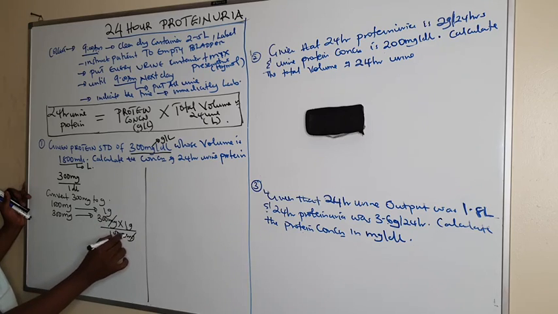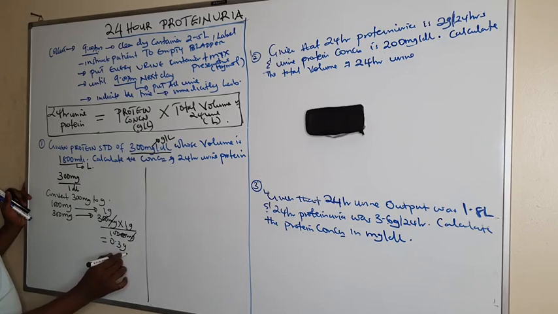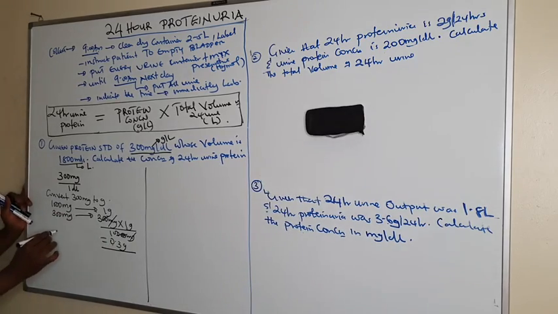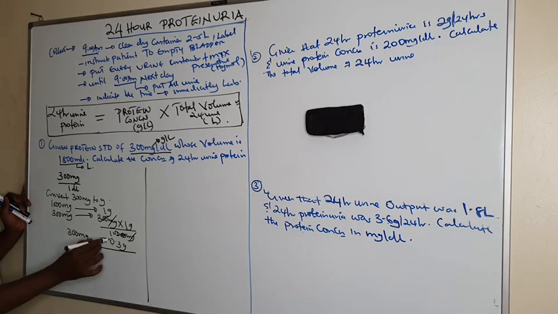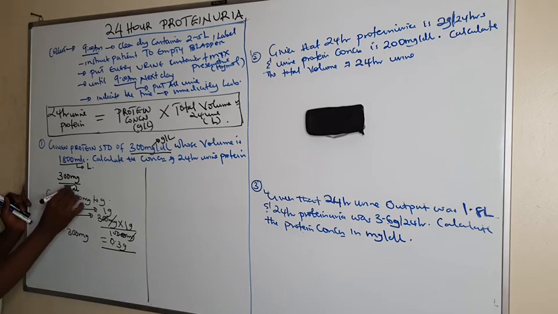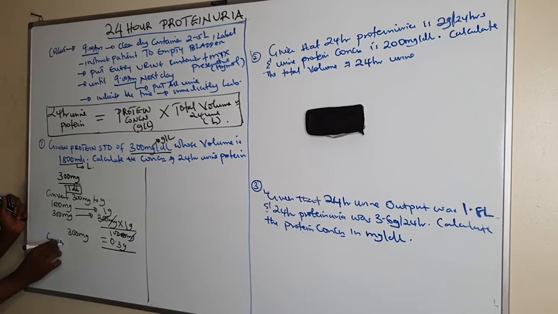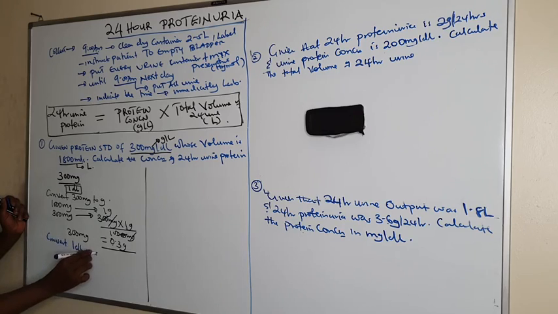Milligram goes with milligram, 2 zeros goes with these 2 zeros, and we remain with 0.3 grams. So 300 milligrams is equivalent to 0.3 grams. And what about 1 deciliter? The next thing is to convert 1 deciliter to liter.